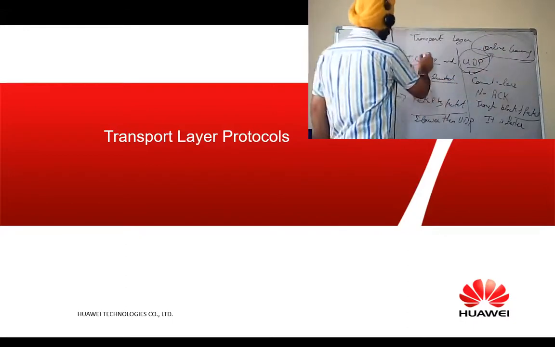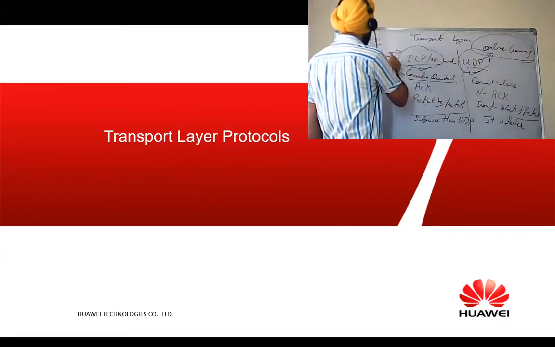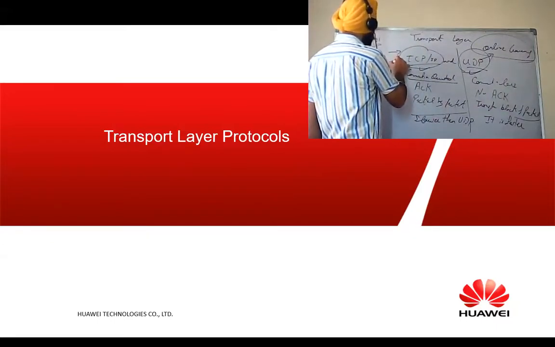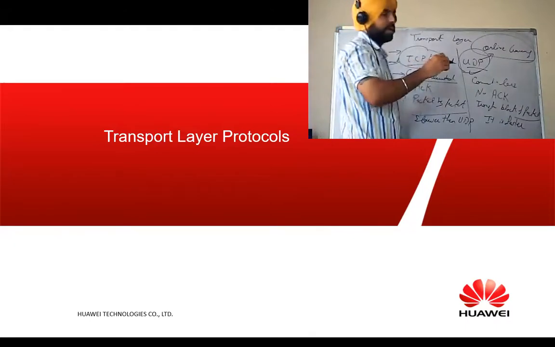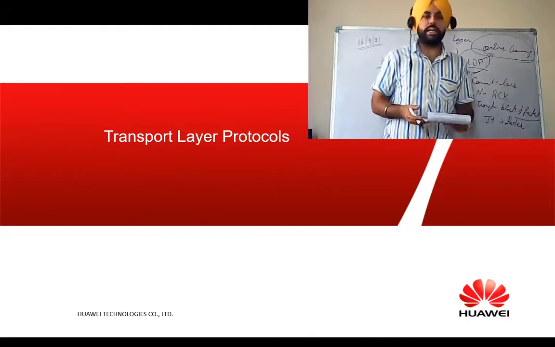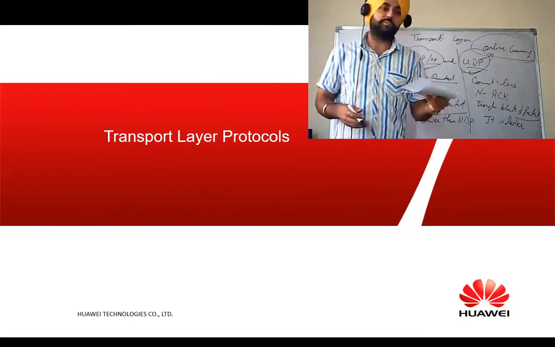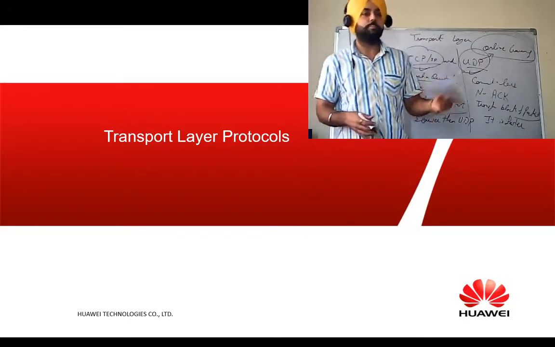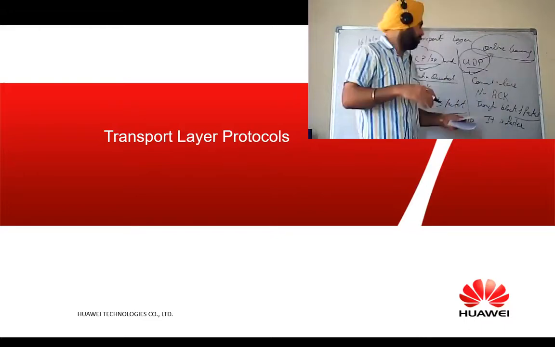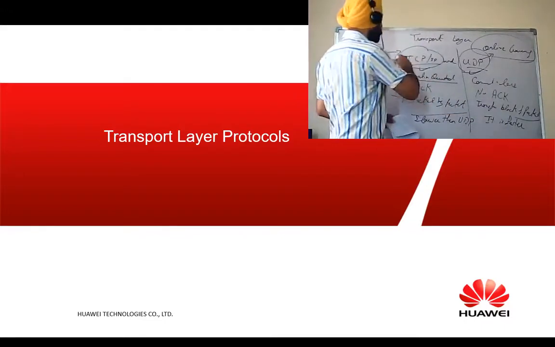When we are talking about TCP, we are talking about the email process. We are sending mail and we are getting a reply back from the destination: yes, your packet is transferred. That means packet by packet communication in the case of TCP.